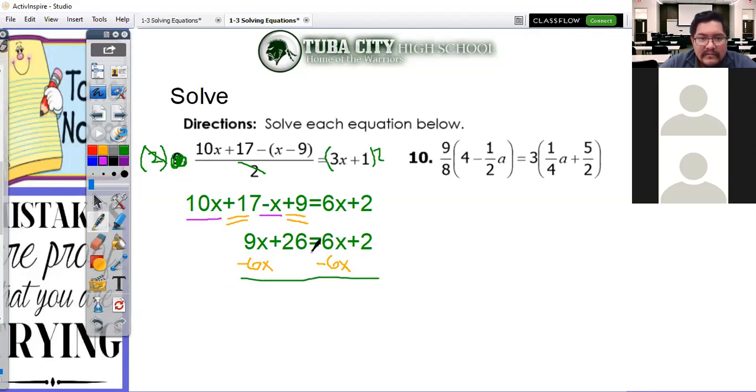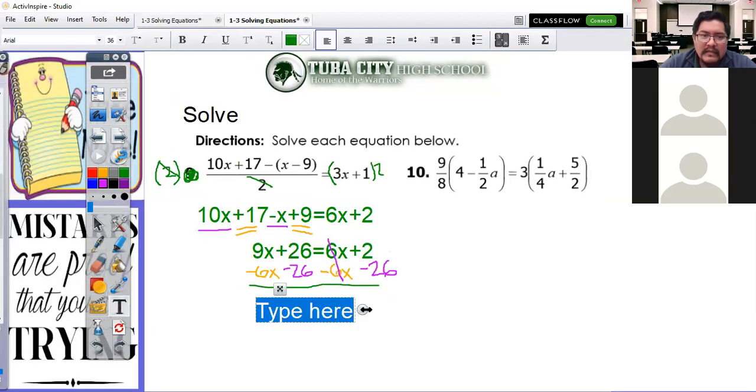And now, since we canceled the x on this side, we should cancel the regular number on this side. So minus 26 on both sides. And here we get 3x equals, and the 26 should have canceled out. And it looks like we have negative 24 here.